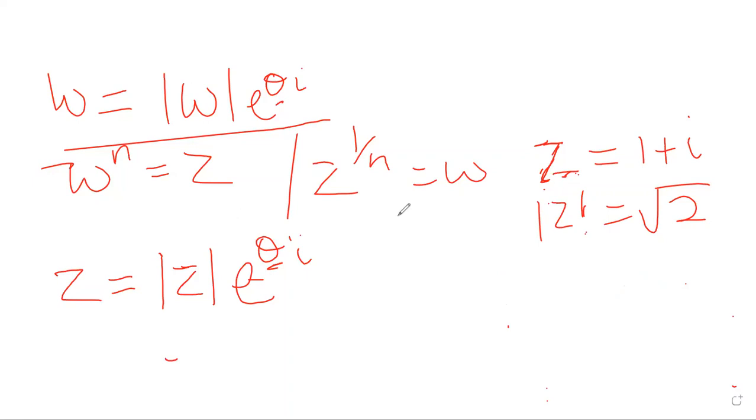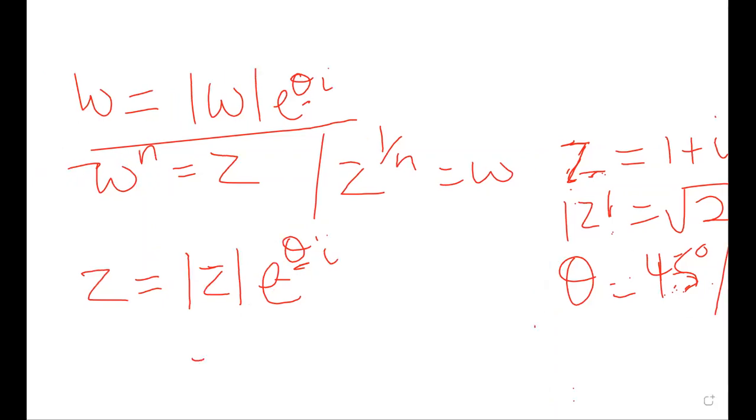So we have theta, and it's 45 degrees, or pi on 4. So this is how we get our principal argument. And then the rest of the arguments are multiples of 2 pi added to this pi on 4.